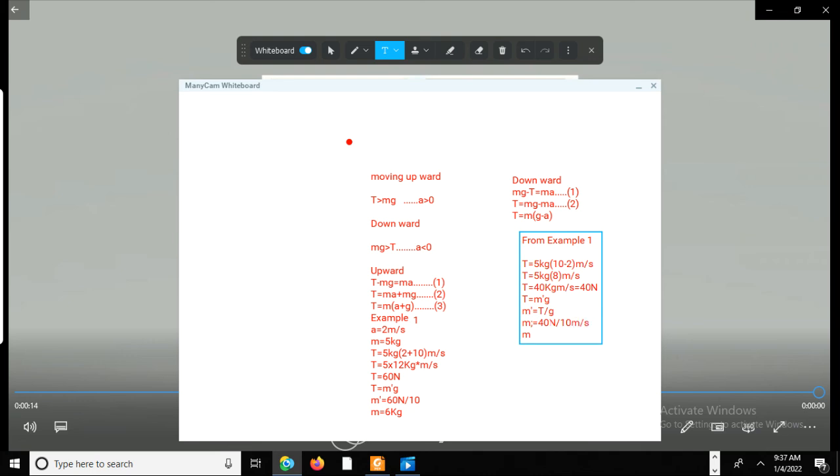So M double prime is equal to 4 kilogram. So this is instead of M, because double apostrophes. Okay, assume like double story.